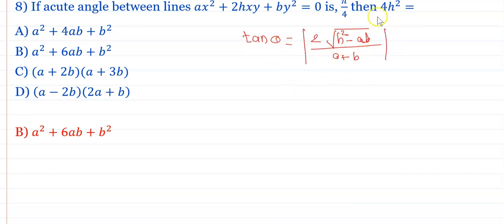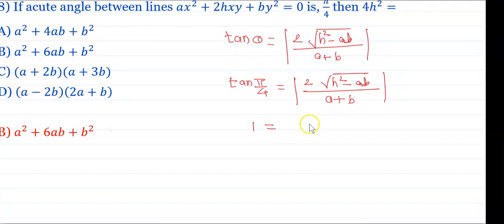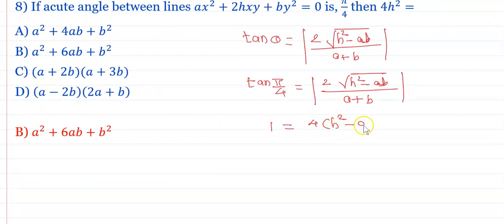What is the angle? Angle is pi by 4, and tan of pi by 4 is equals to 2 root of h square minus ab upon a plus b, and tan pi by 4 is 1. Okay, squaring on both sides, here you will get 4 bracket h square minus ab upon a plus b bracket square.